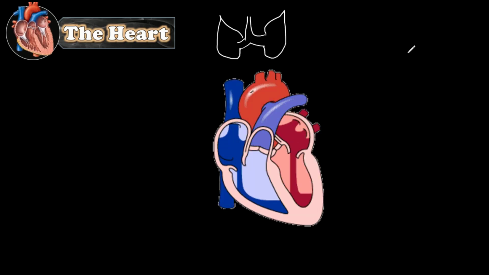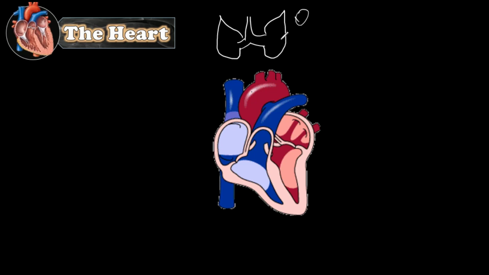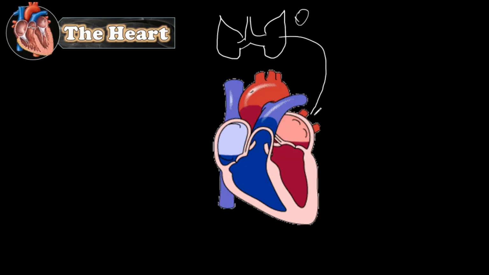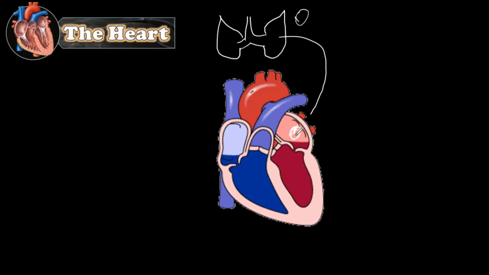Now, if you have a question, order the flow of blood starting from the lungs. So from the lungs, then it goes to the pulmonary vein. Then from the pulmonary vein, it enters the left atrium. Then it goes to the left ventricle.